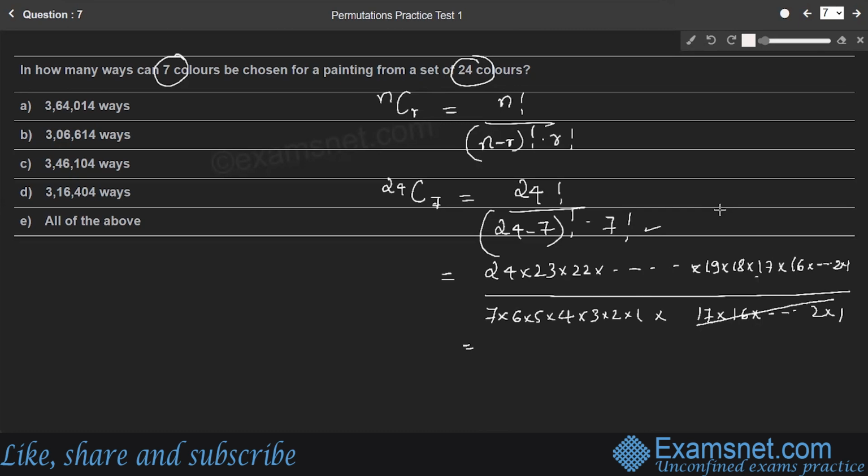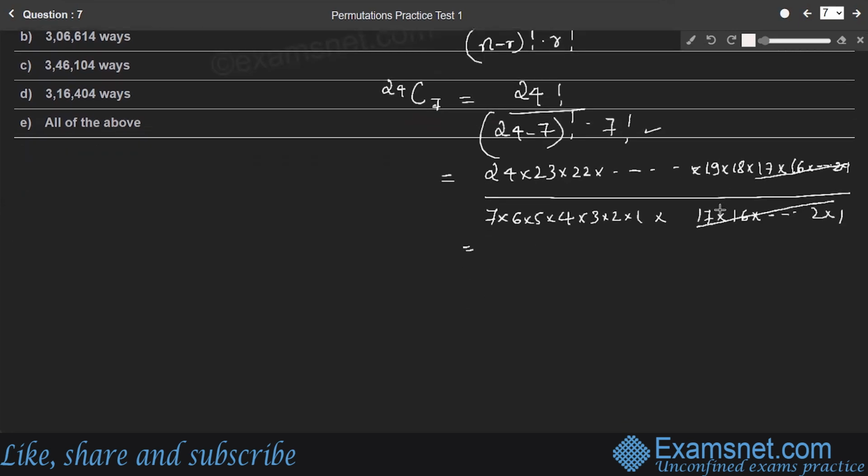Considering the numerator and denominator, here we start from 18, right? 19 into 18. So 2 into 9 is 18. Then 3 into 3 is 9. And here we have 4 into 6. 6 and 6 will get cancelled.